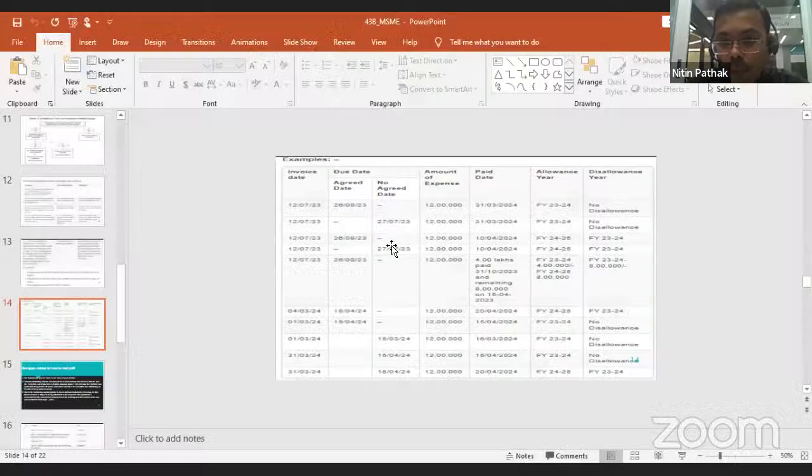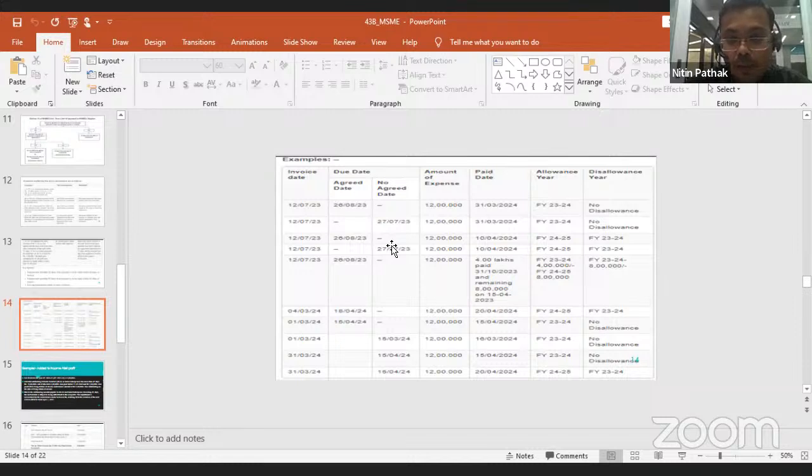Invoice date is the 12th July and as per agreement the payment is due within 15 days, and the payment is actually made on 10th April, after the end of the financial year. Then it is allowable expenditure in 24-25 and there is disallowance of the expense for 23-24.